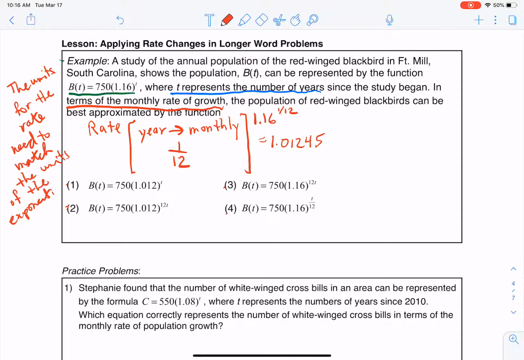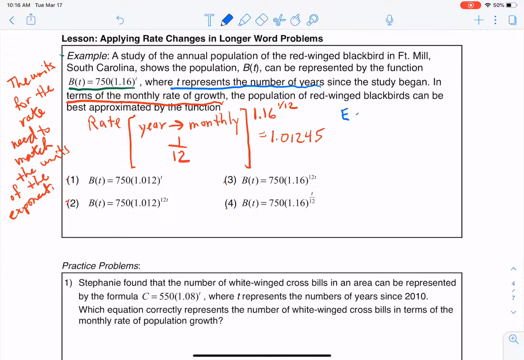Now let's look at our exponent. For my exponent, we're going from years to months. If I'm given 2 years, I would need to multiply that by 12 to get the number of months.